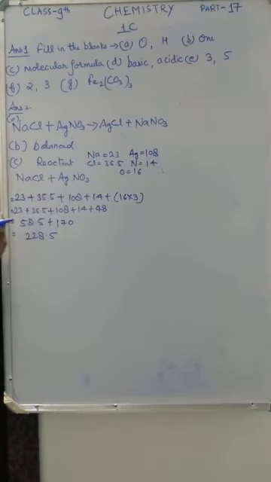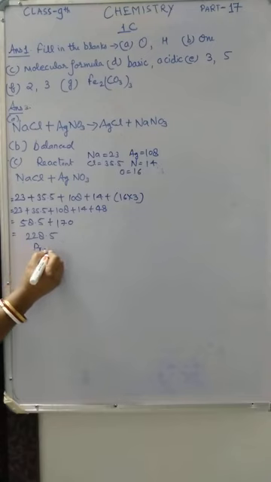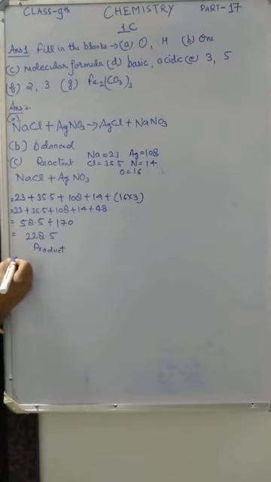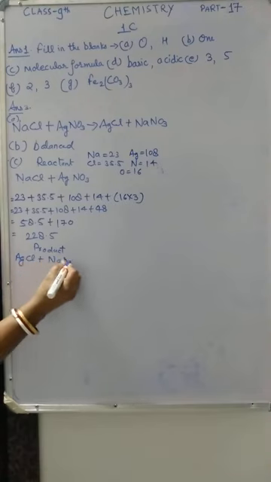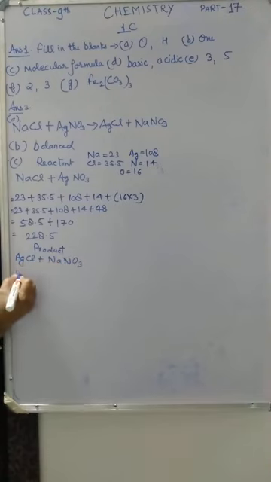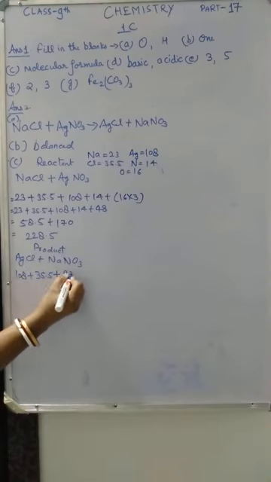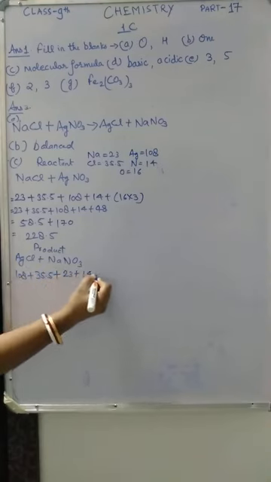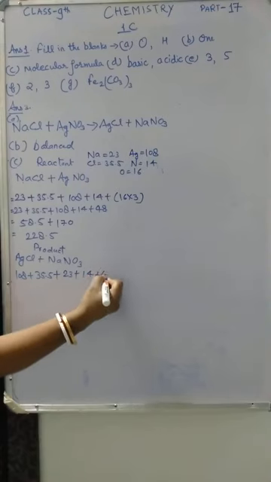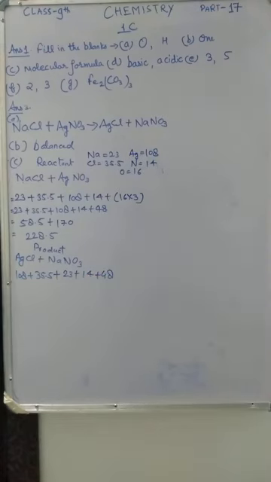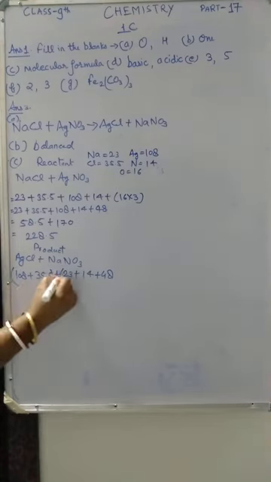Now the same method you have to apply on the product side also. Product side, AgCl plus NaNO3: Ag 108, plus 35.5, plus sodium 23, plus nitrogen 14, plus 16 into 3, 48, directly you can write. Now just add it, AgCl and this one.